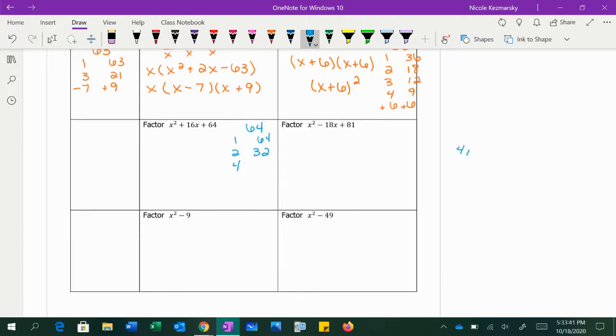Let's check. 4 into 64 goes 16 times. Yes, it does. Not 5, not 6, not 7, but 8 does. And as it happens, 8 plus 8 gets us the 16 for the middle term. So I'm going to write that as x plus 8 and x plus 8. And because they're the same, I can write it as x plus 8 squared.